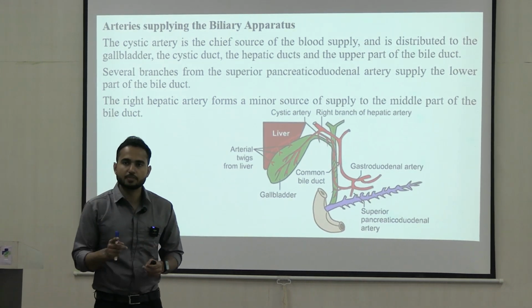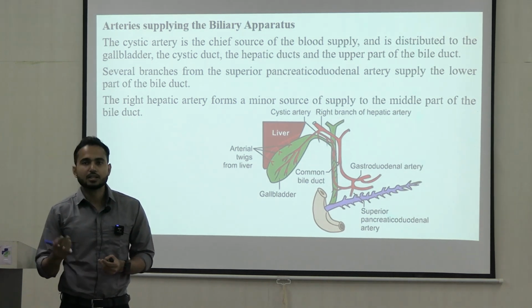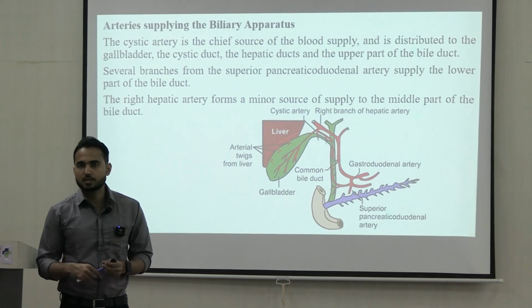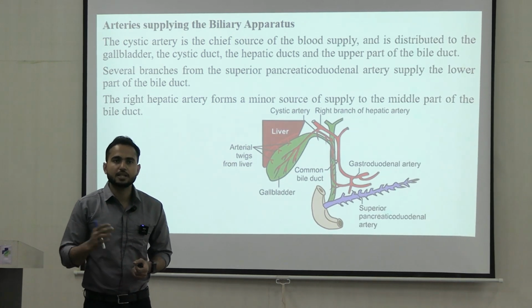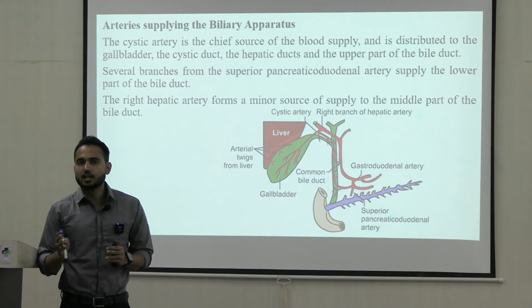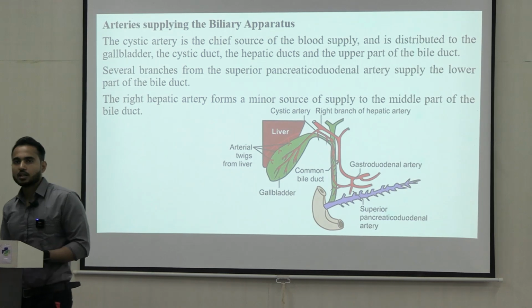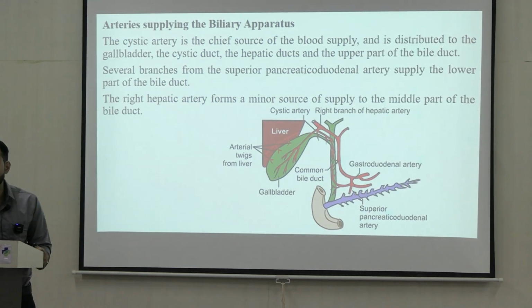So the blood supply is important for that, and then the nerve supply is also important because those sphincters are controlled by the nerves only. Along with that, other factors are also responsible, but mainly the nervous system is controlling the opening and closing of the sphincters. So first we will see about the nerve supply, the blood supply of the extrahepatic biliary system.